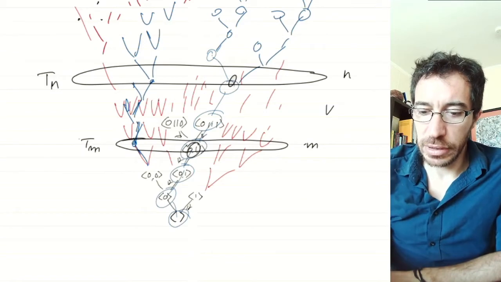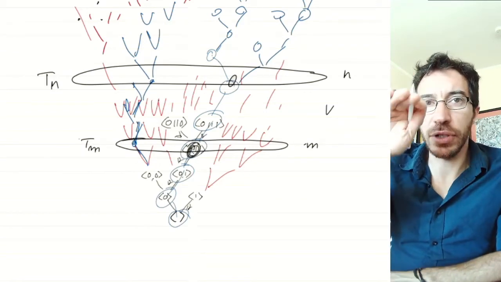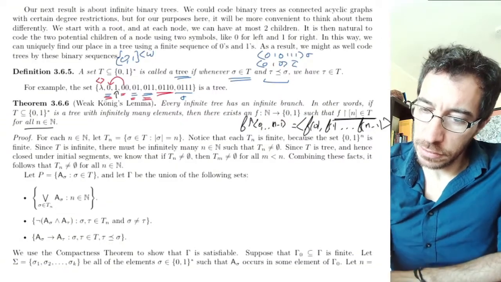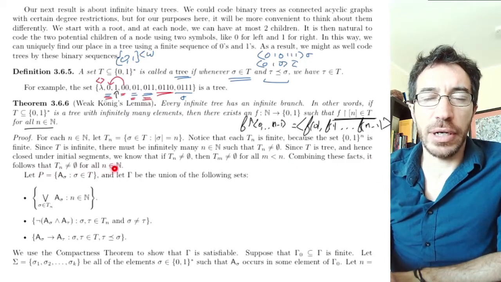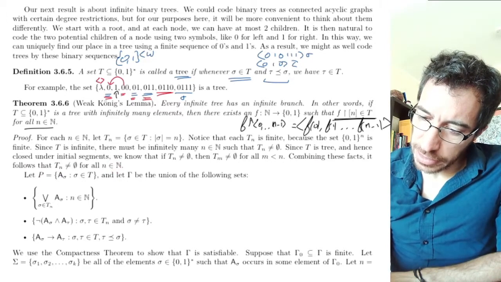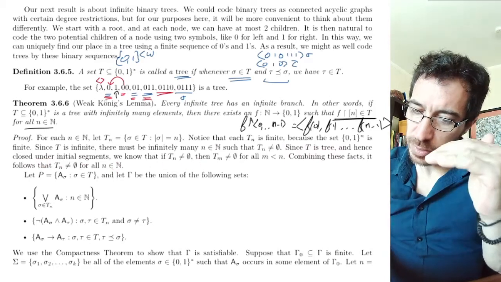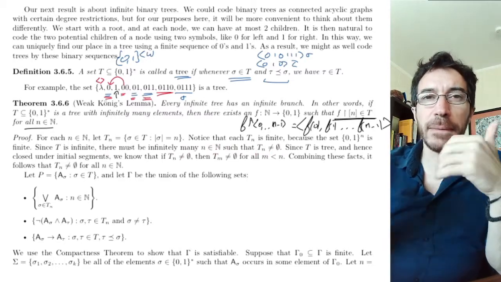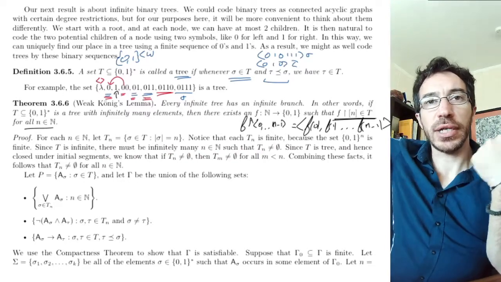So once you have somebody not empty, all the ones below are not empty. Combining these facts, it follows that Tn is not empty for all n in the natural numbers. Okay, so what are the facts? T is a tree and hence closed downwards. So whenever something is not empty, all the ones below are not empty, and infinitely many n's are not empty, so it has to be everything.